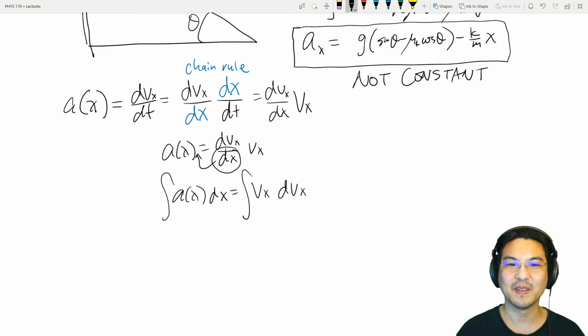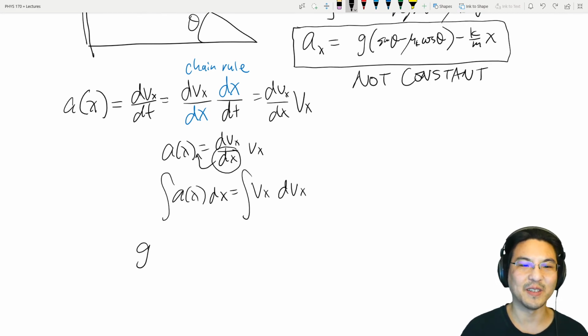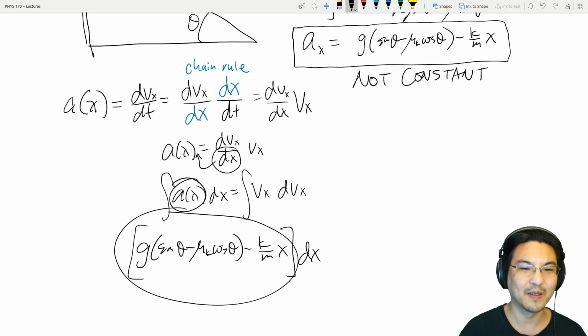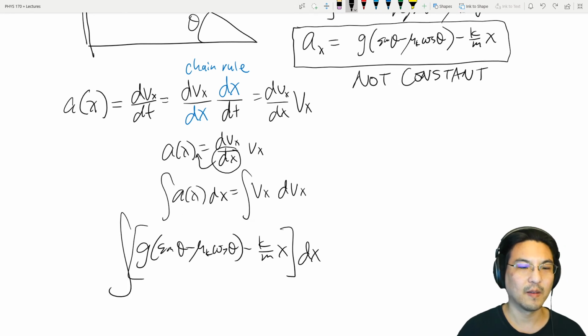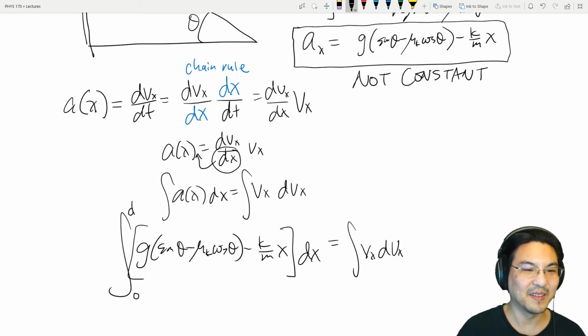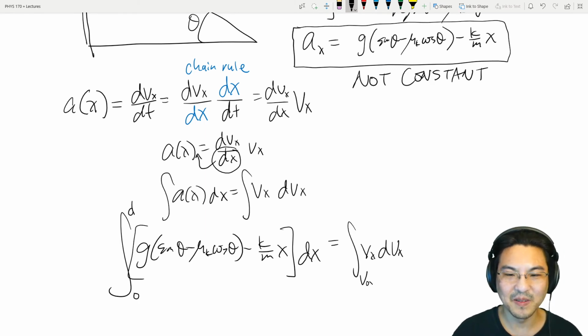Okay, see, so now we can integrate this function, g sine theta minus mu k cosine theta minus k over m x. We can integrate this dx, that's this, right? This is this. And then this is, just integrate that. And then we went from, let's say, 0 to d, and then from some initial to some final.